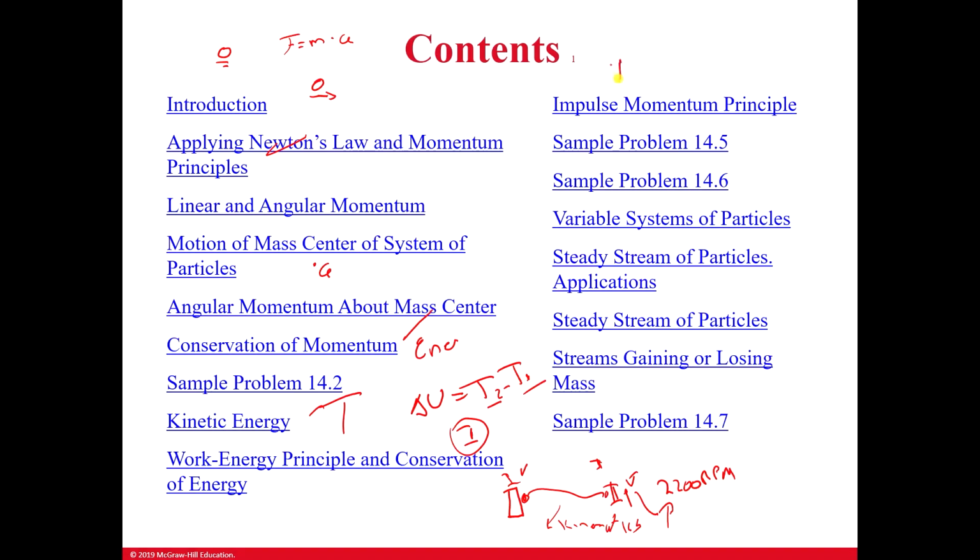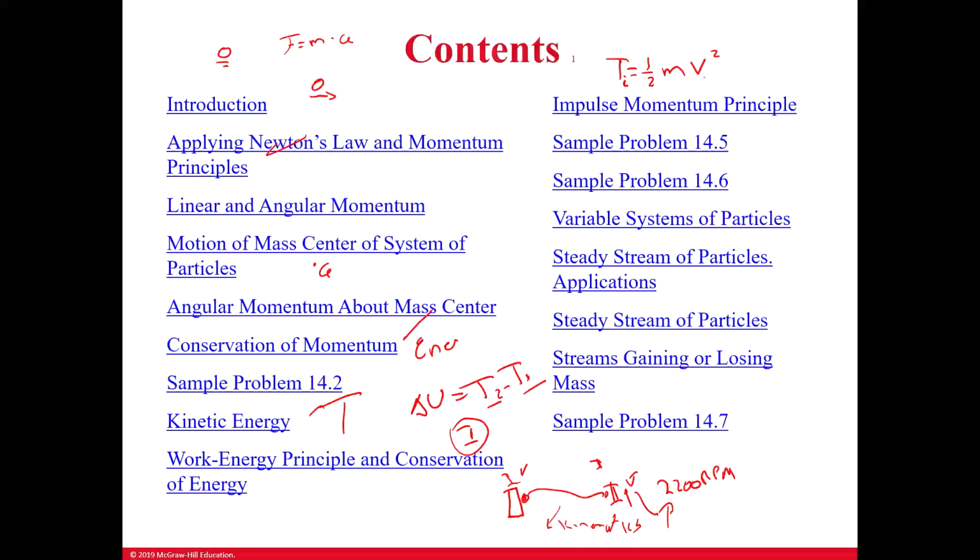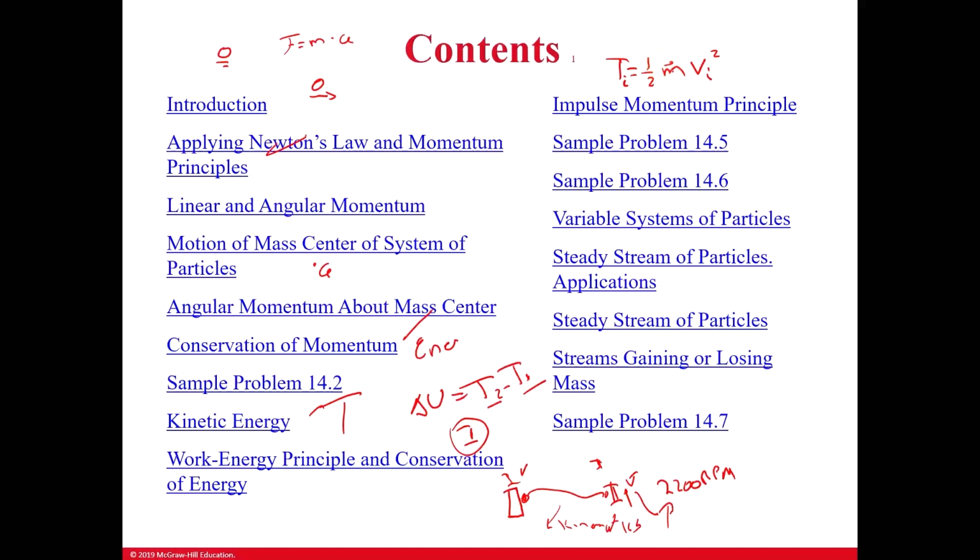Remember that T, kinetic energy, is 1/2 of the mass of the system, the piston or the whole system, times the velocity of the system squared. So T1 is going to be with velocity 1, and T2 with velocity 2. The mass is conserved.